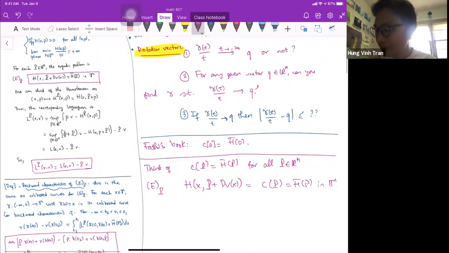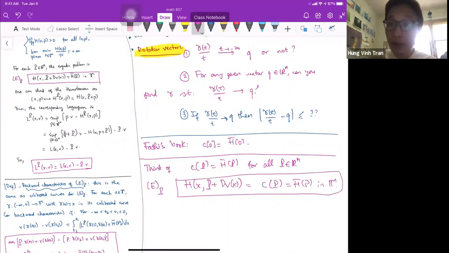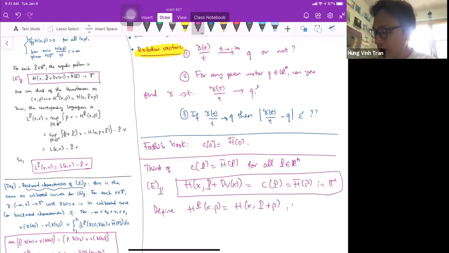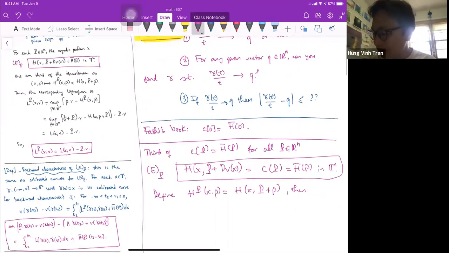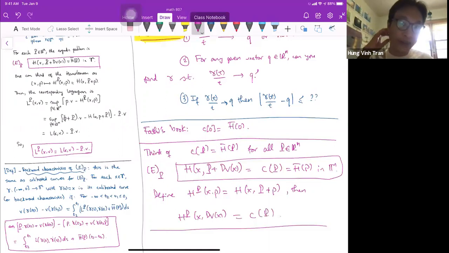Of course, this is still the same problem as C(0), because you can just define H_P(x,p) to be H(x, P+p). And then the ergodic problem becomes H_P(x, Dv(x)) equals C(P). There's nothing fancy about this.